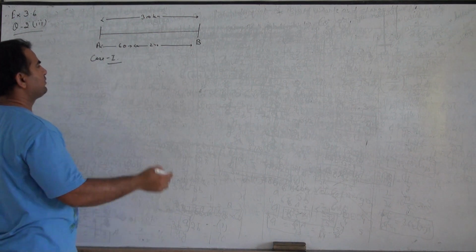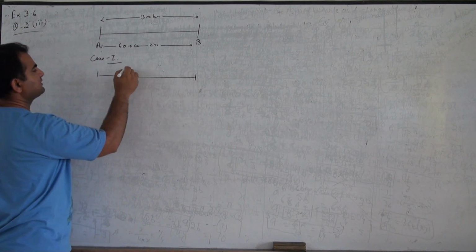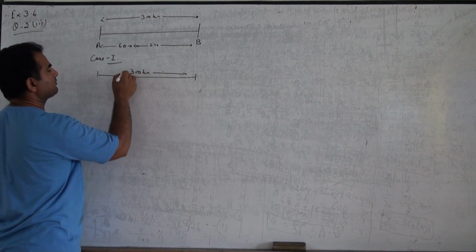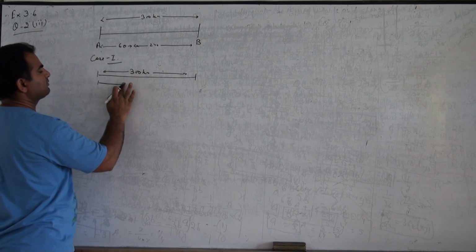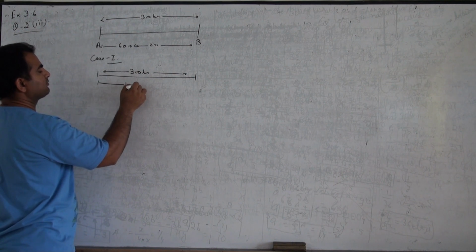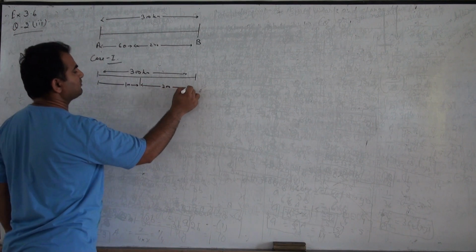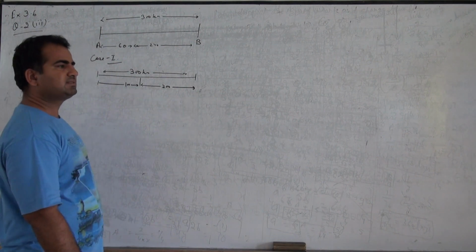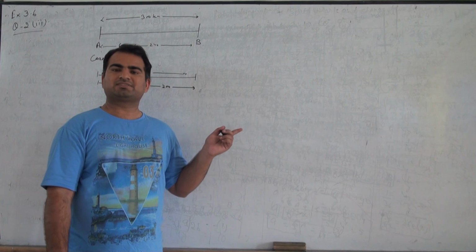Case number second is that she covers the 300 kilometers, first 100 kilometers by train and the remaining by bus. But the difference is that it takes 10 minutes extra in the second case.